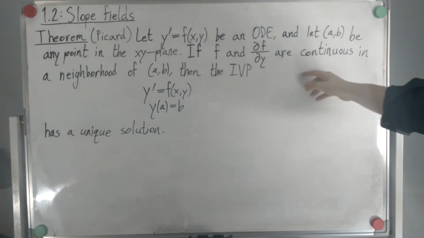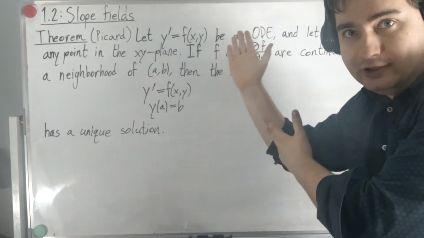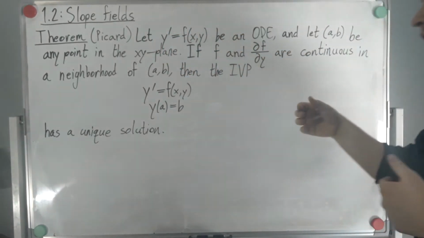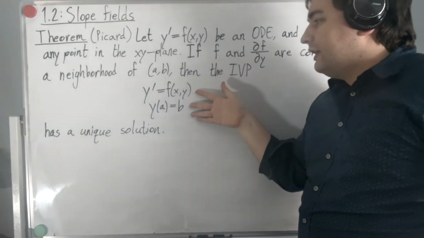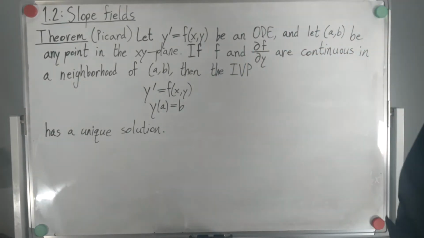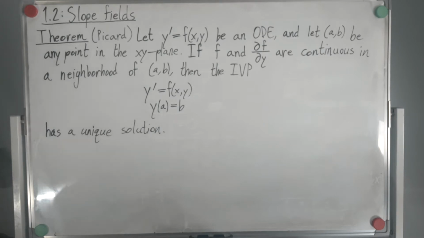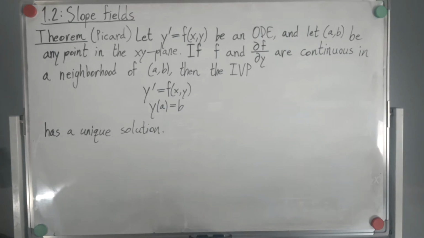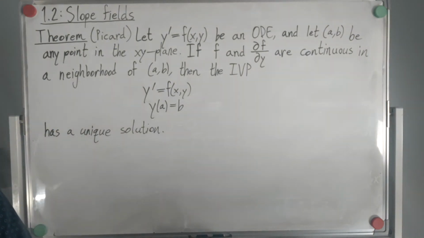This is just saying that if your function of x and y, that the differential equation is defined by, satisfies a certain condition, then your initial value problem has one particular solution. Okay? And for the most part, that's going to be the case. For the most part, we're only going to deal with initial value problems that have unique solutions. So only one function that actually fits.